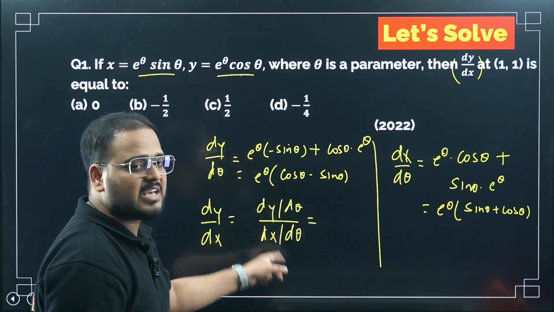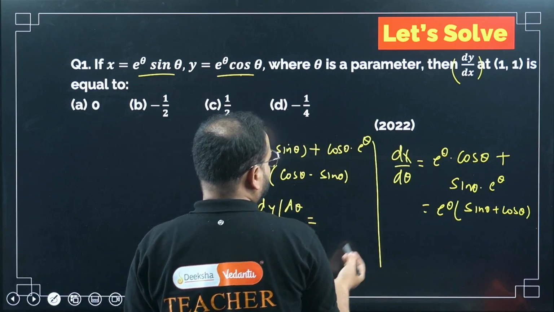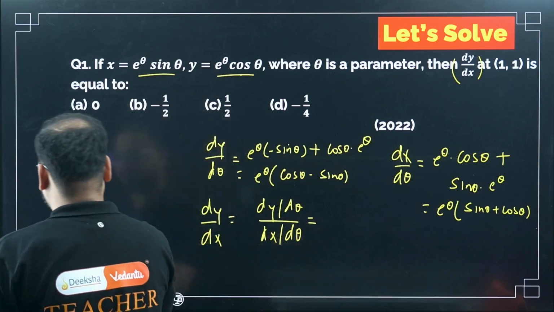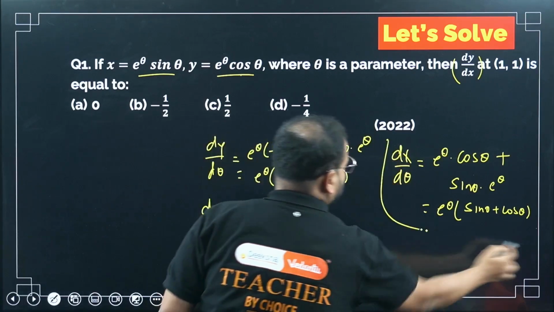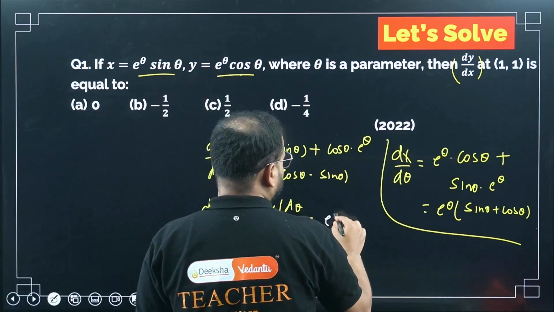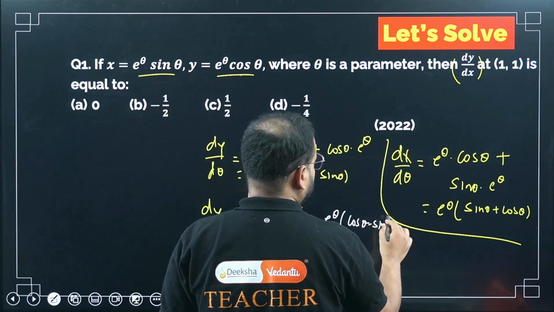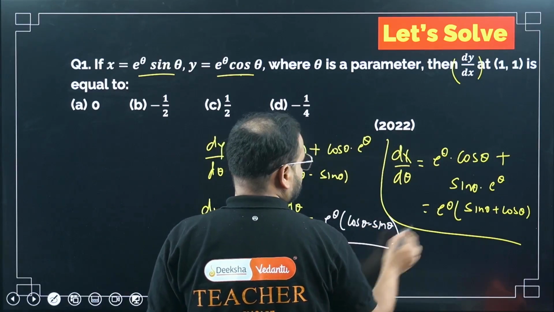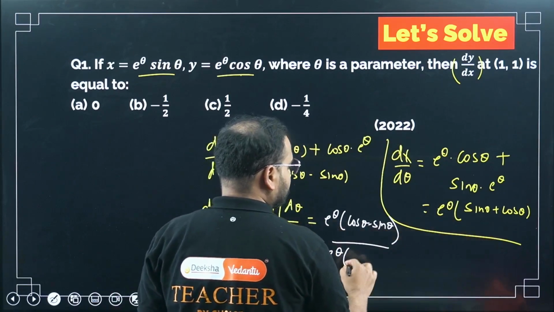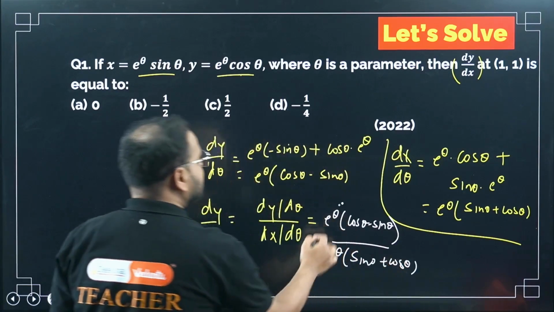So this will become e^theta (cos theta minus sin theta) divided by e^theta (sin theta plus cos theta). Now cancel e^theta with e^theta.